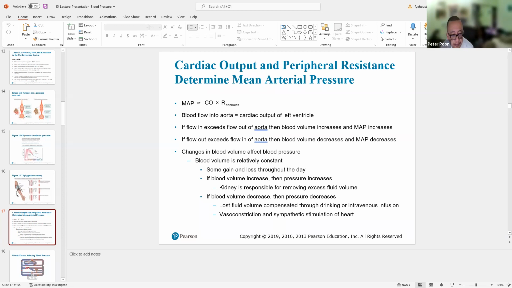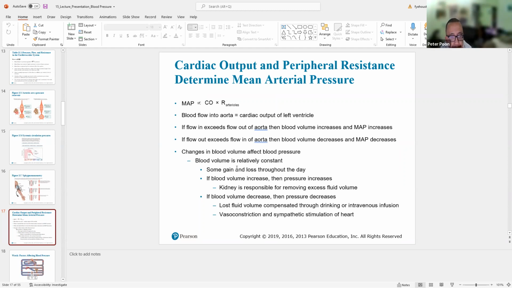Here's the thing: I can always drink more water to increase blood pressure. I cannot increase blood pressure without drinking water.